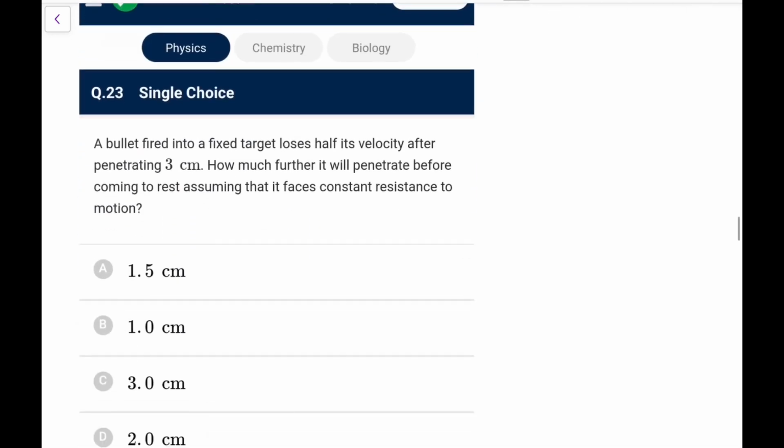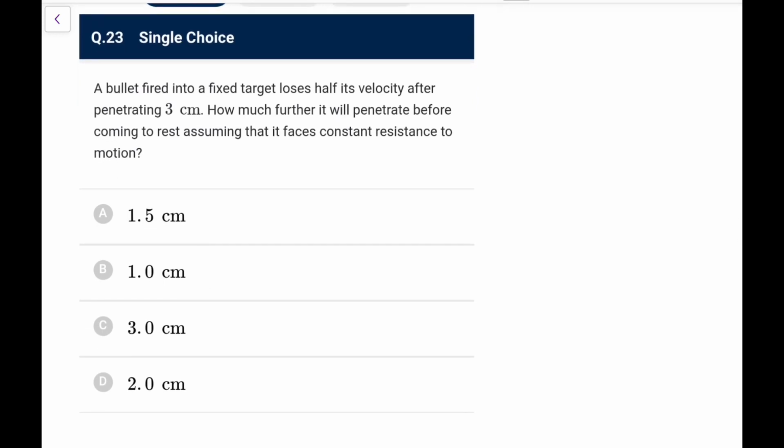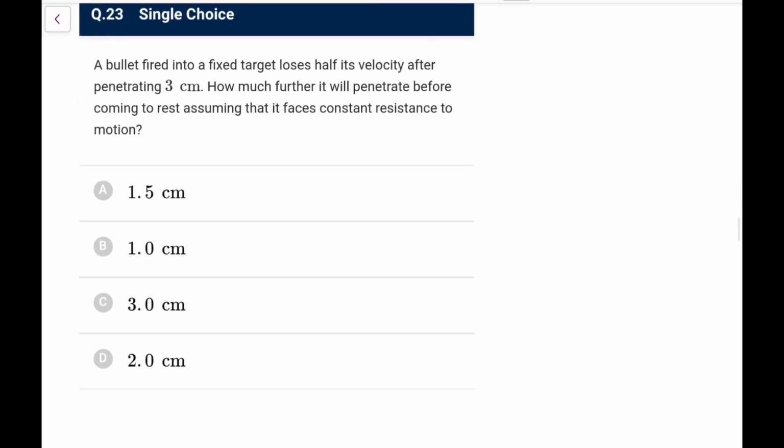Next one. A bullet fired into a fixed target loses half its velocity after going 3 centimeters. How much further will it penetrate before coming to rest, assuming it faces constant resistance? So what we can directly say, it has penetrated 3 centimeters, and after penetrating this 3 centimeter, the velocity has become half. So I can say if this is K initial, this has become K initial by 4.